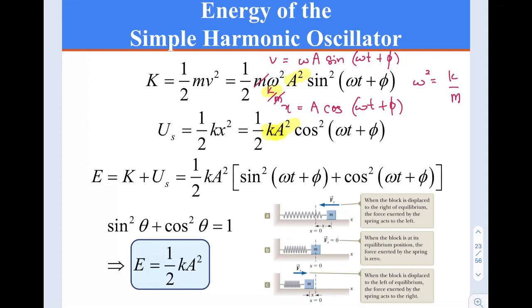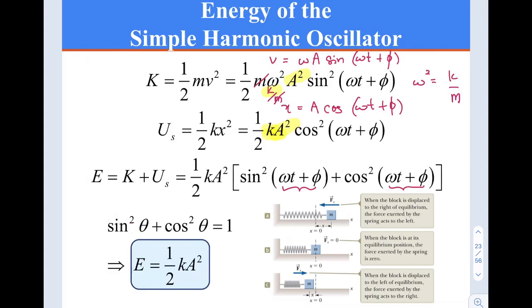Then you have sin squared omega t plus phi plus cos squared omega t plus phi. Do not panic. This is actually a kind of theta, remember? This is also a kind of theta, right? So based on trigonometric identity, we're going to simplify this one.